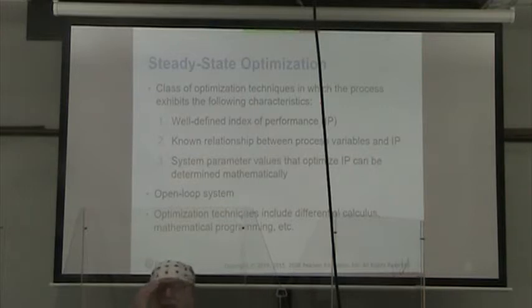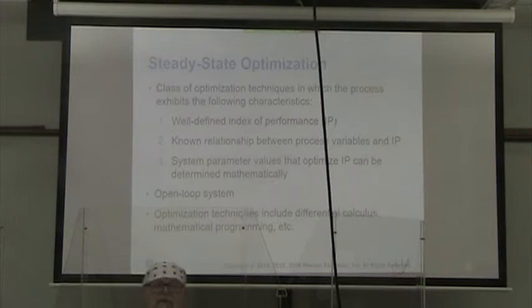All right, so last time here in computer-aided manufacturing, we were talking about control systems to do with automated manufacturing. So we will pick up here with steady state optimization. In this case, we are talking about optimization techniques in which the process has these characteristics.